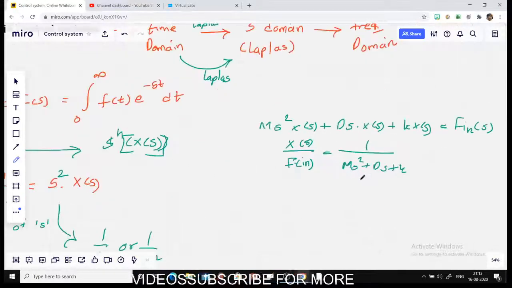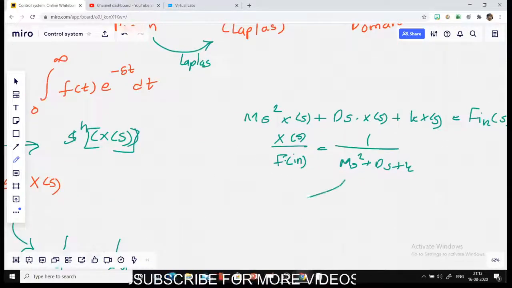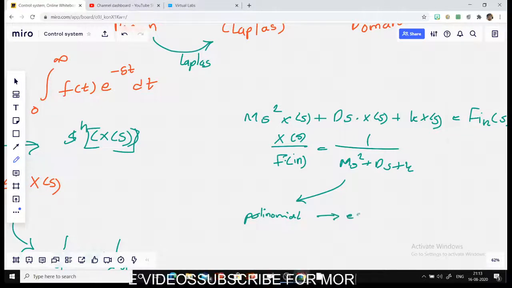So my whole differential equation is getting converted into a polynomial, which can be easily solved.